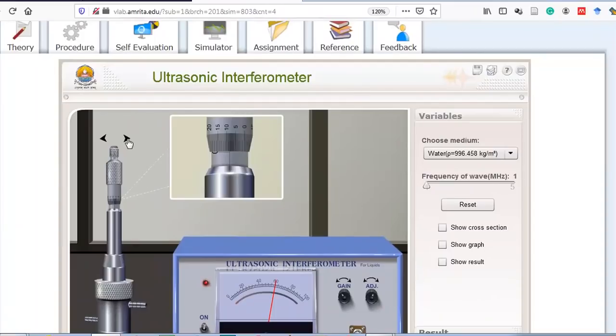Now you see that I'm moving this scale. The moment I move to a particular value of the interval, the current scale will move. Let's see. Now it is at 40.